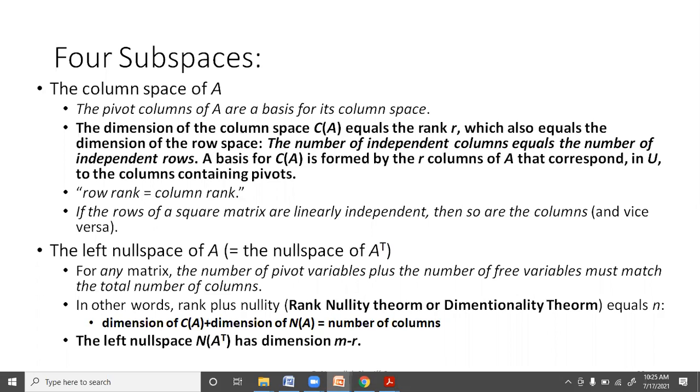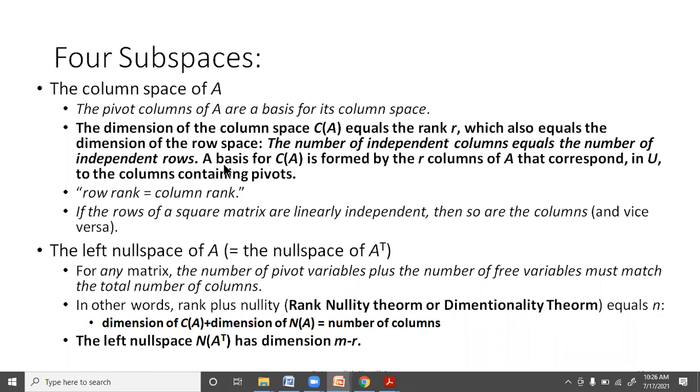So pivot itself is independent. Wherever we talk about a pivot, that itself is independent, and that forms the basis. Independent and pivot might be interchangeable sometimes. So a basis for C(A) is formed by the R columns of A that correspond in U to the columns containing the pivots. This is very much important.